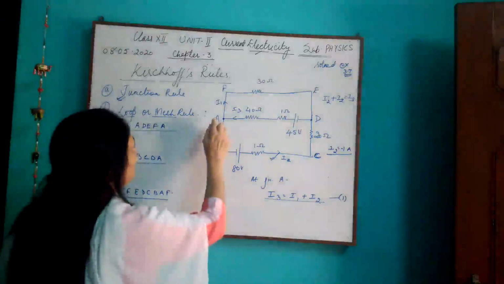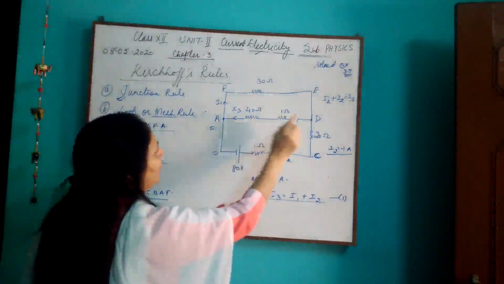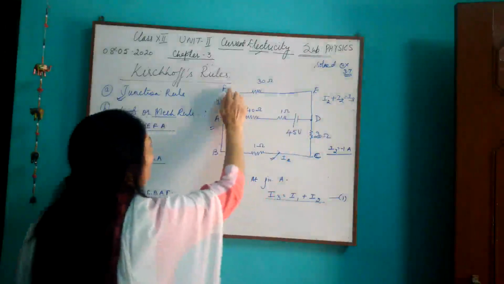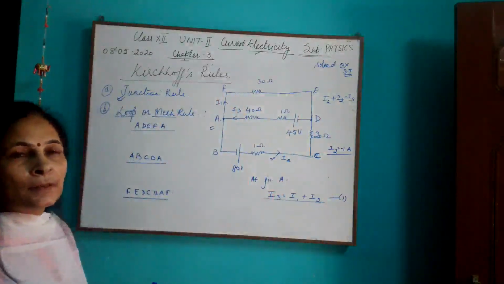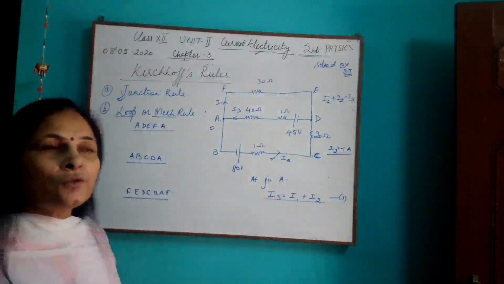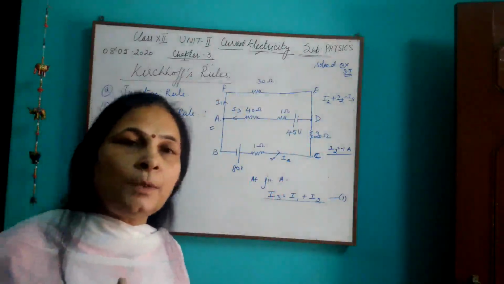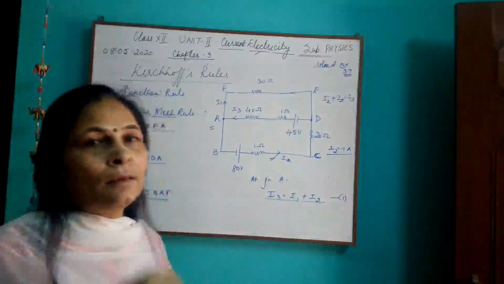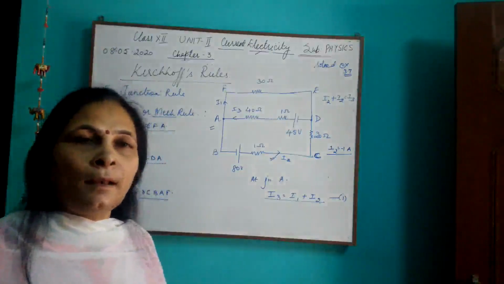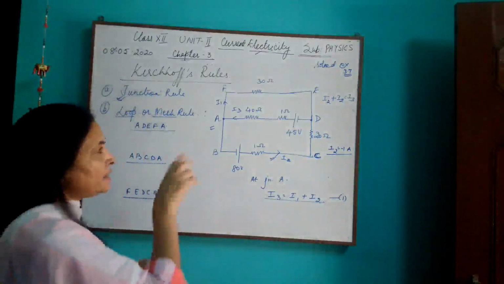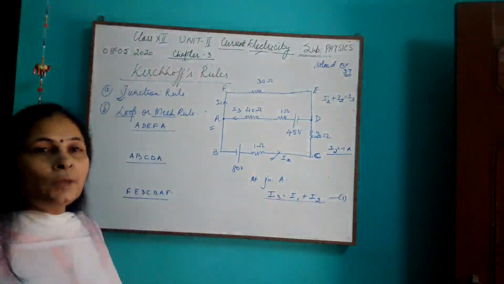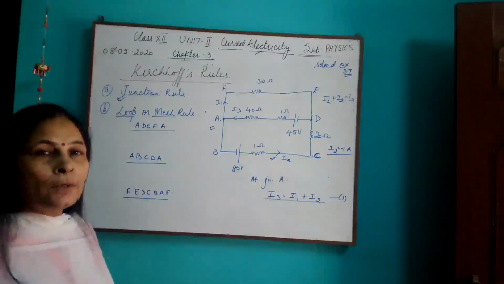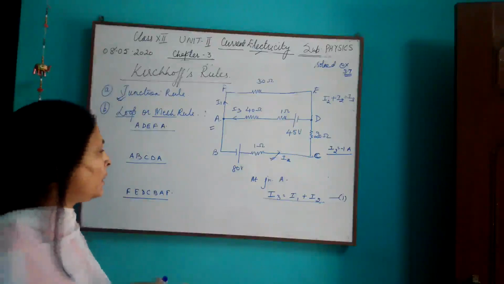See, when I take this closed mesh A, D, E, F, A, the first step is that one direction of the current is to be taken as positive and the other as negative. Since it is a closed circuit, we cannot take left and right. We'll take clockwise or anti-clockwise.